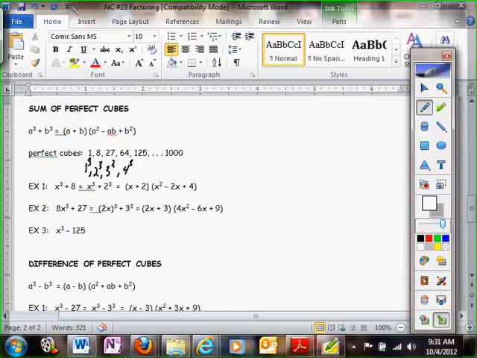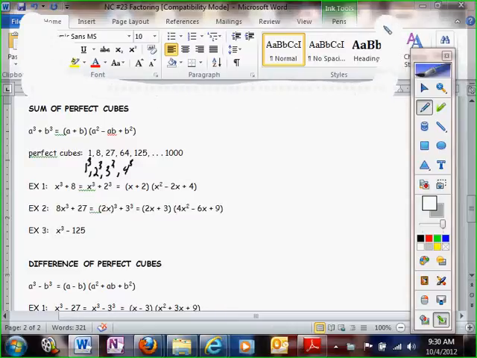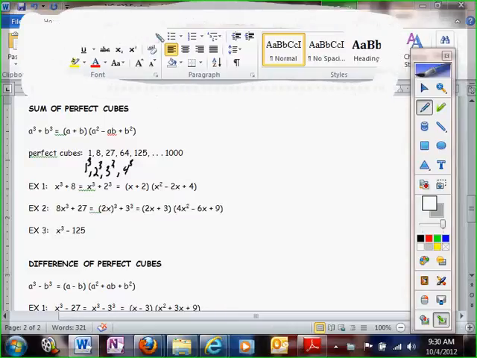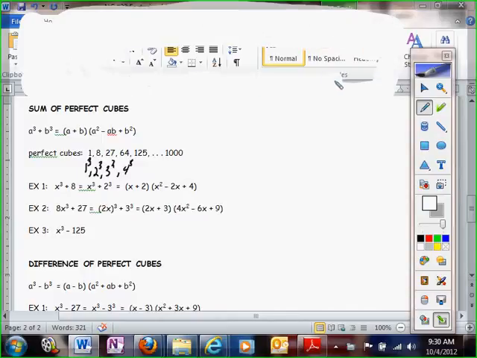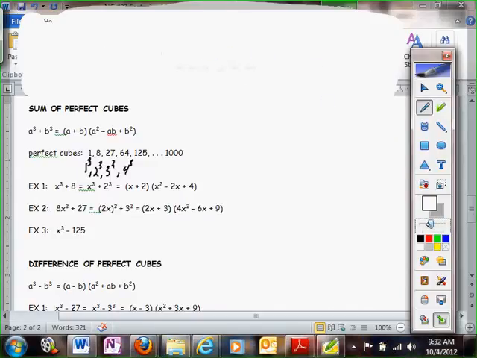So we have some formulas that we're going to use. The sum of cubes is a cubed plus b cubed. That means I have 2 numbers that are variables that are cubes, perfect cubes, and they're being added together. So that's the sum of cubes. If I have 2 things being added together and they're perfect cubes, then when I factor them, here's how I get it.